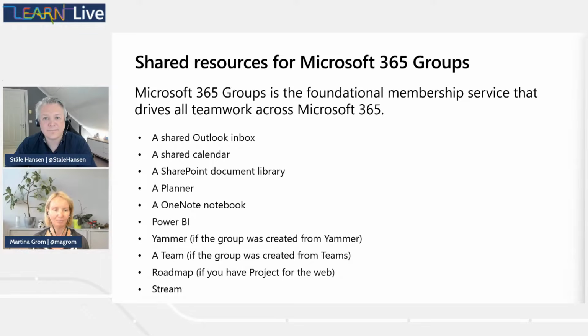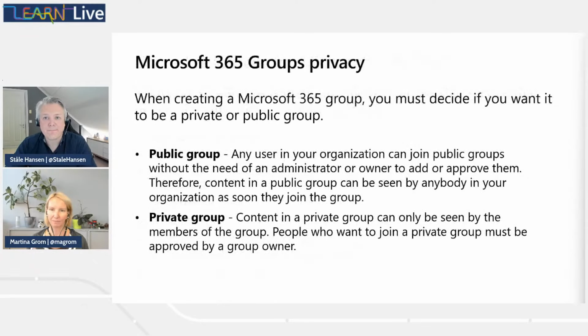If you create a team, the team is created from Microsoft Teams, and in the backend, you always get a Microsoft 365 group. So look at that, and also I think it's really important to understand the group's architecture, because when you create a Microsoft 365 group, you have to decide, is it a public group or is it a private group? The public group means every user in your organization has access to the public group and can join the group, can read the files, and so on.